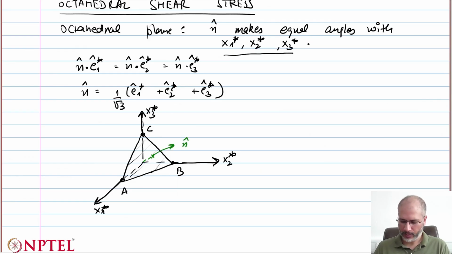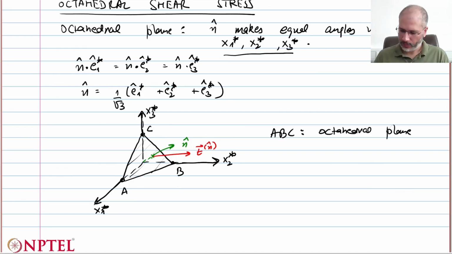And the traction vector on this plane is going to be something like this. Of course, it need not be in the normal direction. And the traction vector here can be written as sigma star ij nj. Now sigma star is simply sigma I times delta ij.